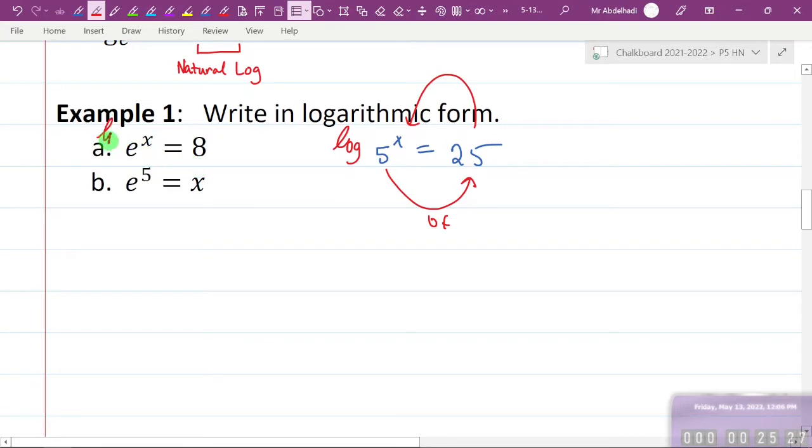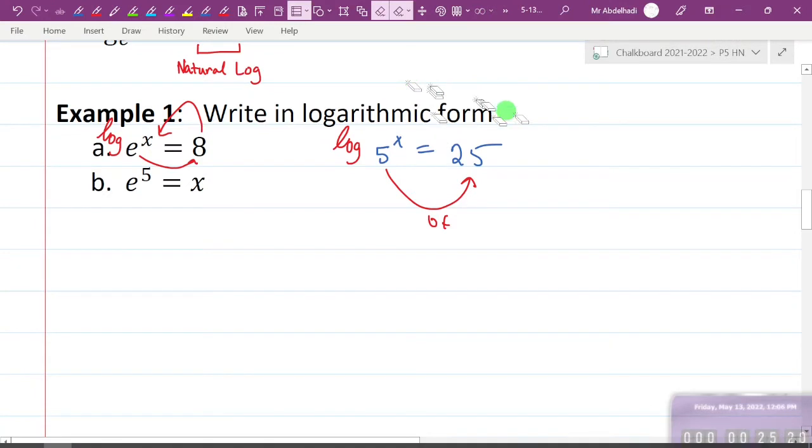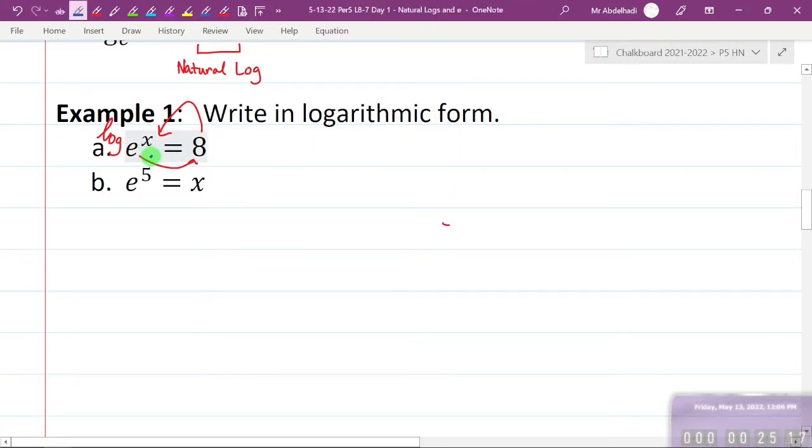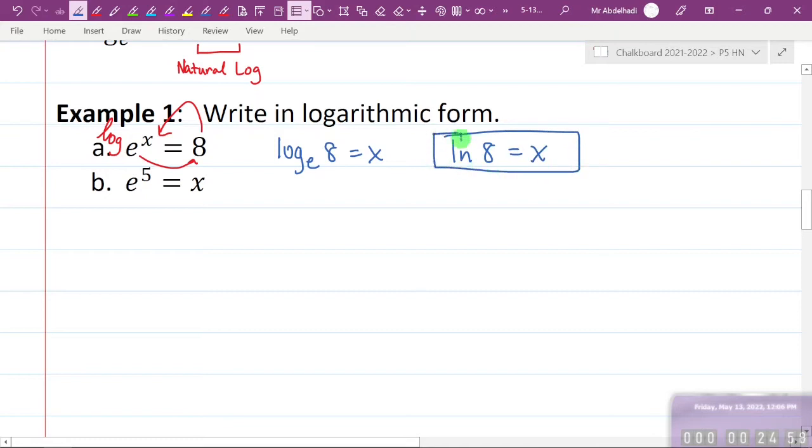It's log base E of 8 equals x. But we have a name for log base E, which is what? ln, right? Natural log. So you could rewrite this as ln 8 equals x. And there you go. That's a natural log for that equation there.